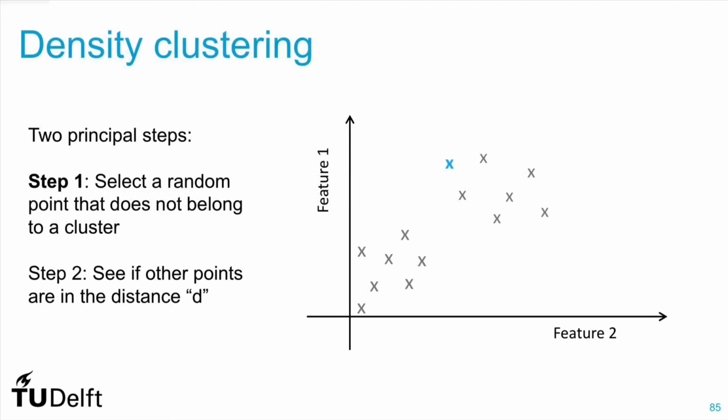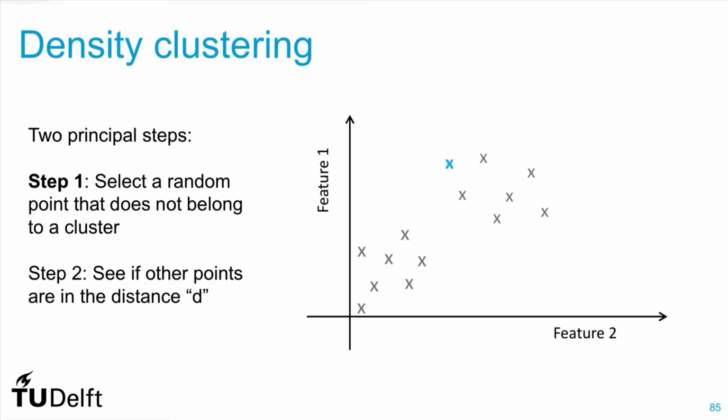One of them could be the minimum distance between points. So let's select this blue dot, and we will have two main steps. The first one is to select a random point that does not belong to a cluster. That will be the blue one.